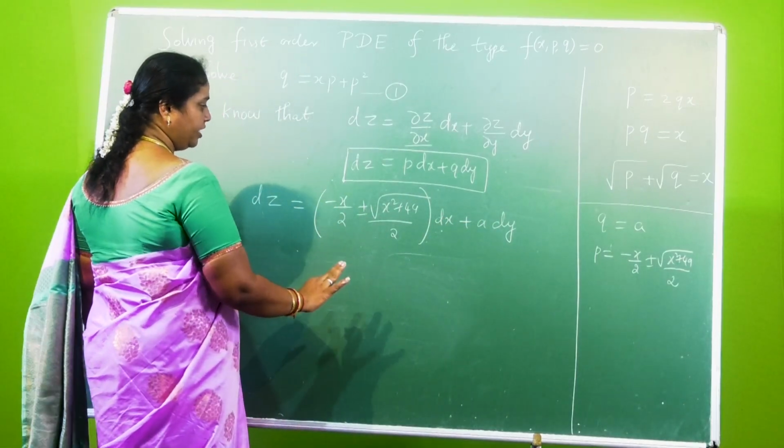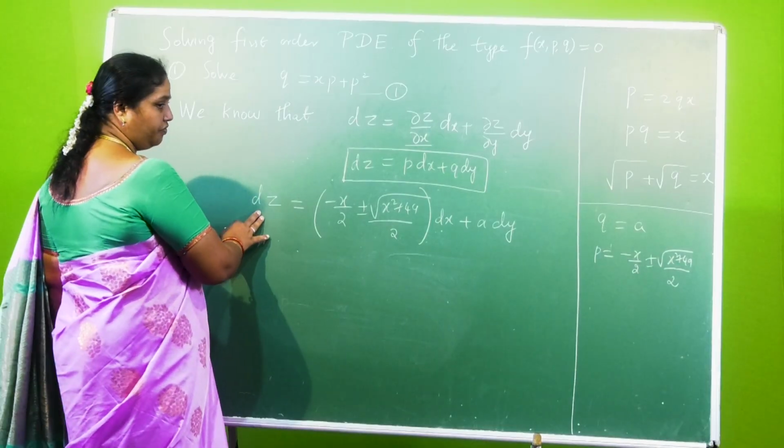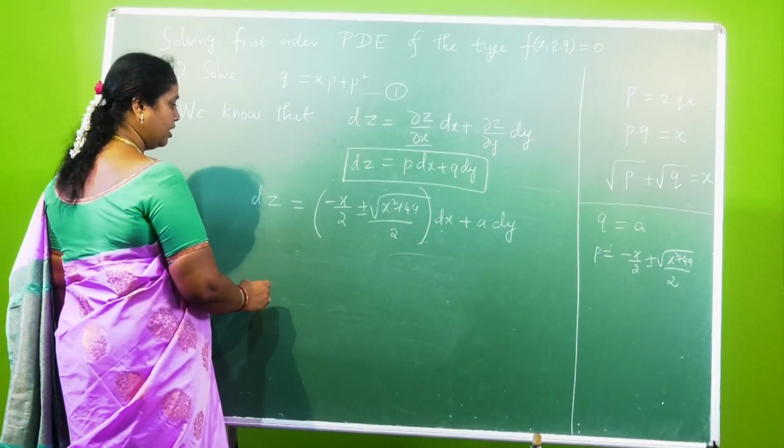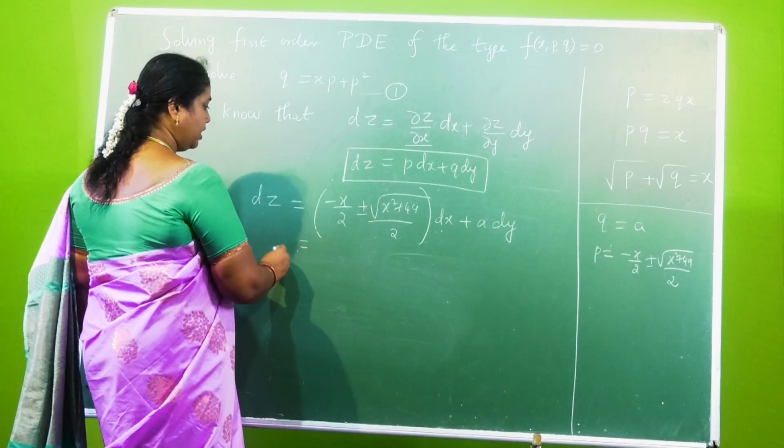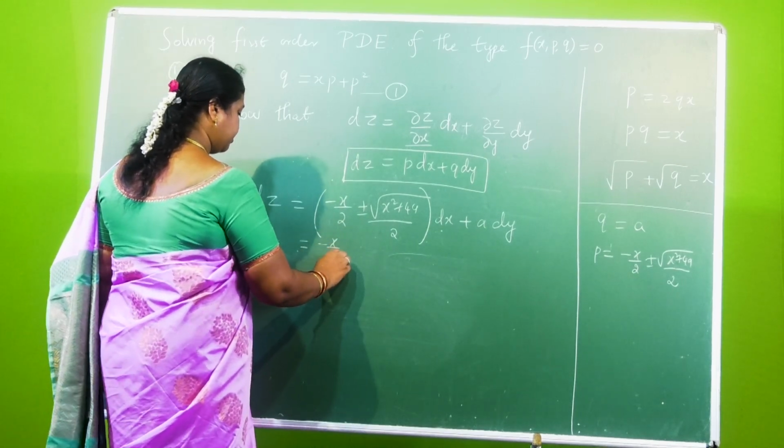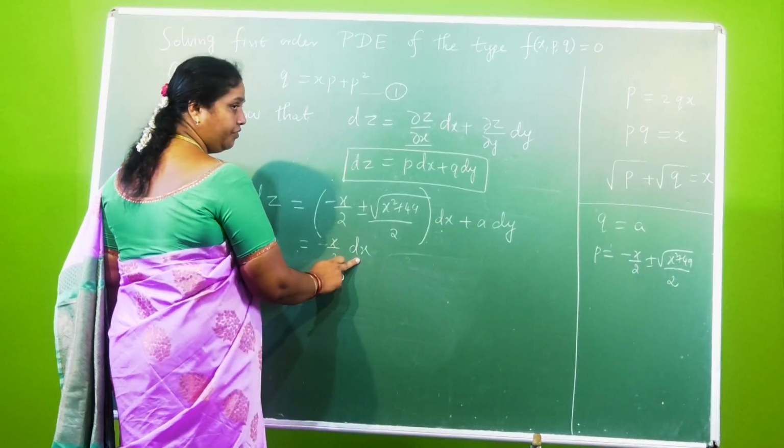We are going to integrate. Because it is a total differential, we can separately integrate. Here there are two terms. If students have doubts, you can write once again separately with the derivatives dx.